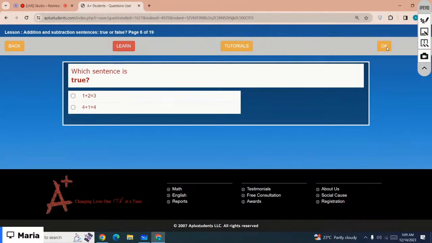Which sentence is true? 1 plus 2 equals 3 or 4 plus 1 equals 4? Which is the correct option?